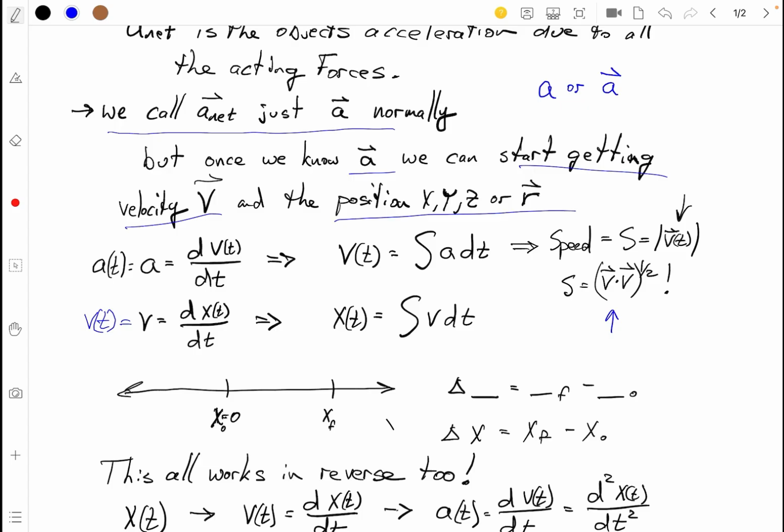So once we have V of t, we can get x of t by doing the integral. These work both ways. Specifically, since we have A to start with, we can then get V. Once we have V, we can get x. So you guys know the drill.